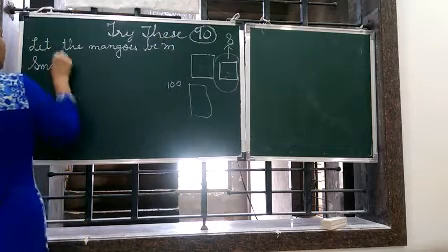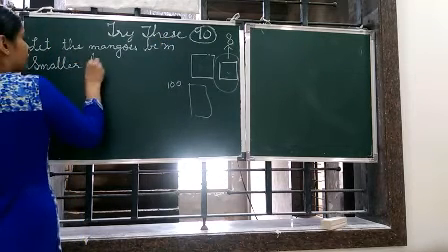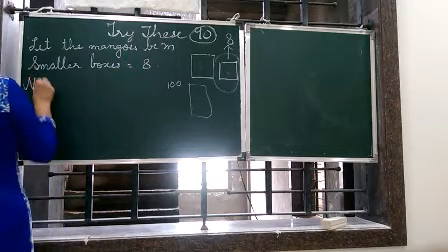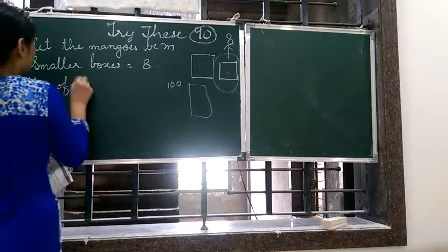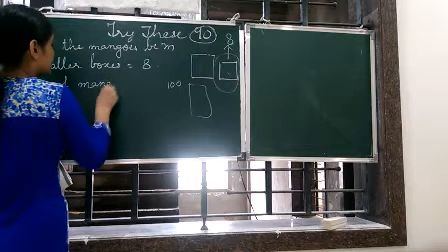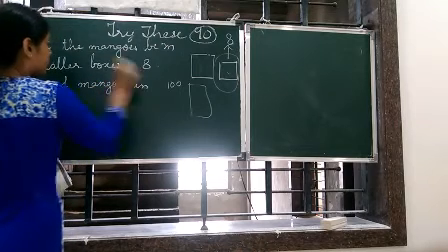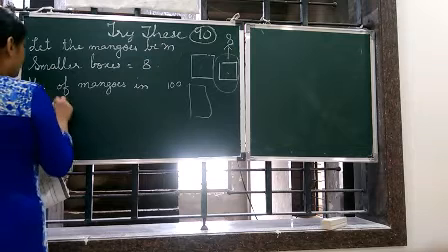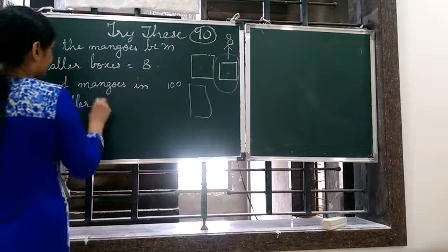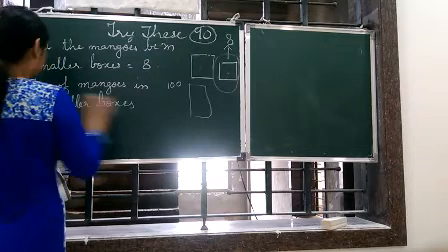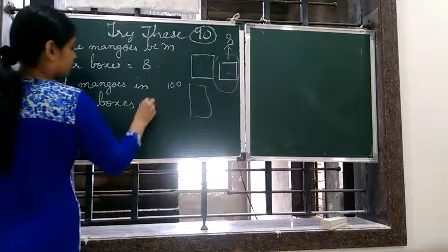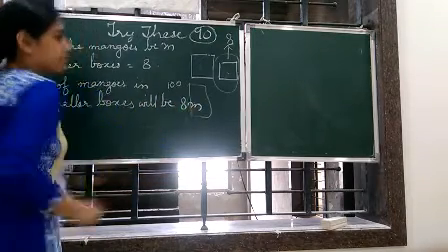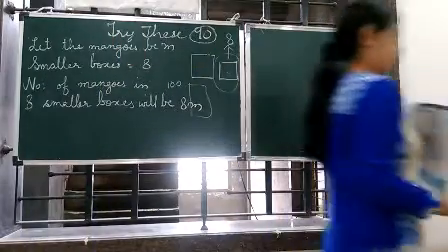Smaller boxes are 8. The number of mangoes in 8 smaller boxes will be 8m.